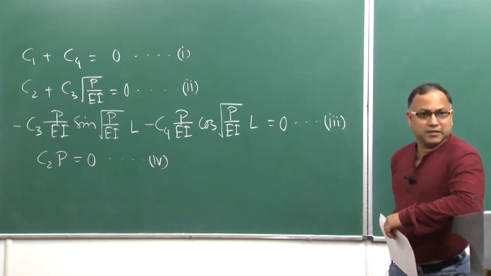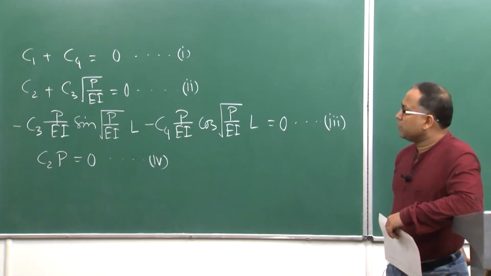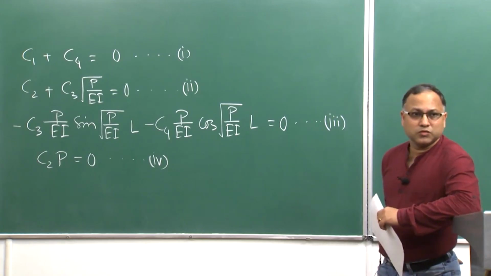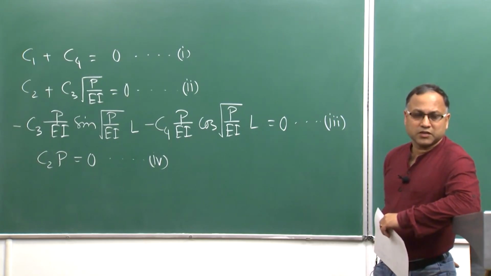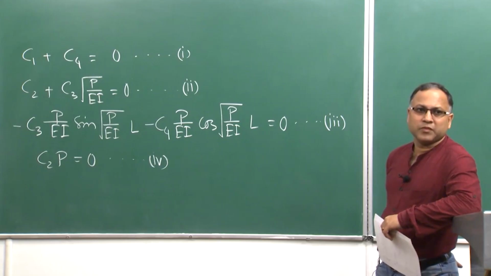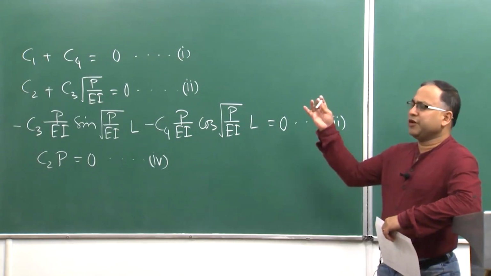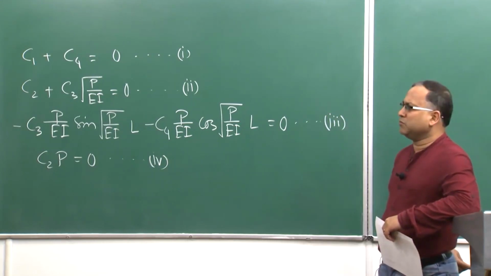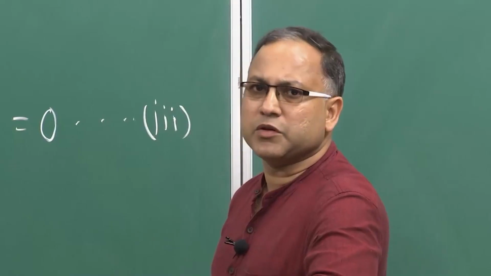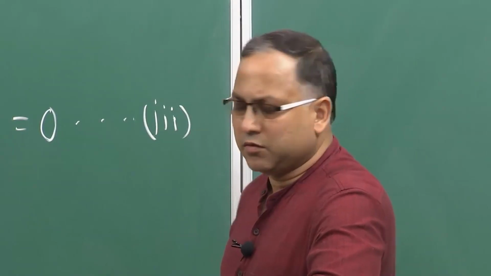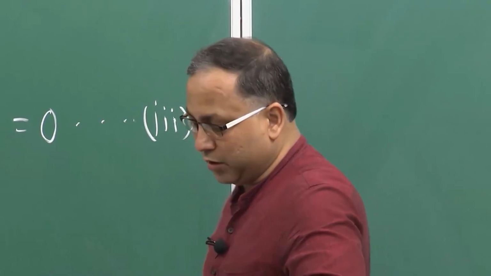But that is a trivial solution and we are not looking for that, because if all integration constants are 0, that means there is no deflection or displacement of the slender member, the beam or the column.